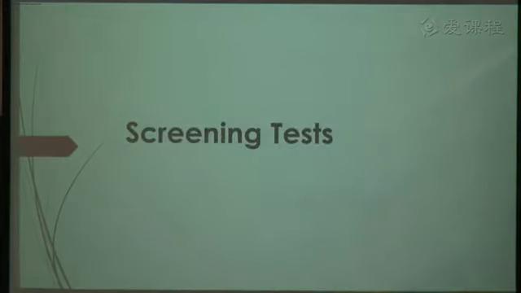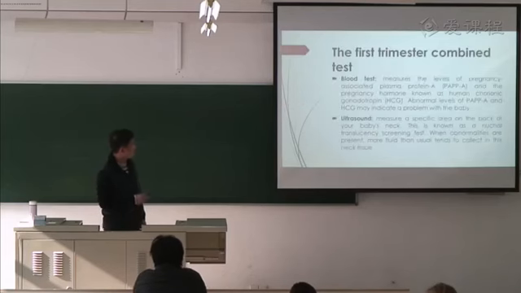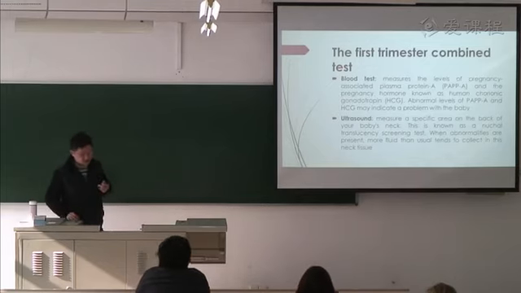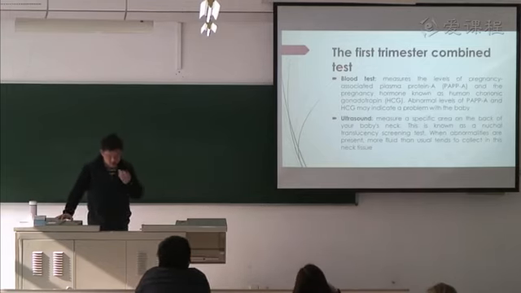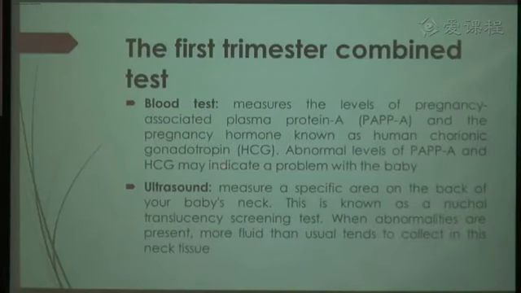So first, the screening tests. Some methods for the screening tests. The first one is called the first trimester combined test. It's basically a combination of blood test and ultrasound. The blood test measures a type of protein, PAPP-A, in the blood, and also measures the hormone known as human chorionic gonadotrophin, or HCG.